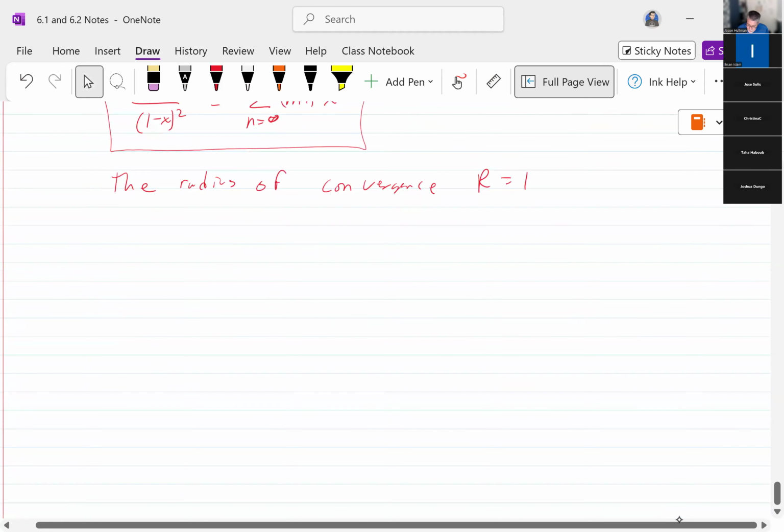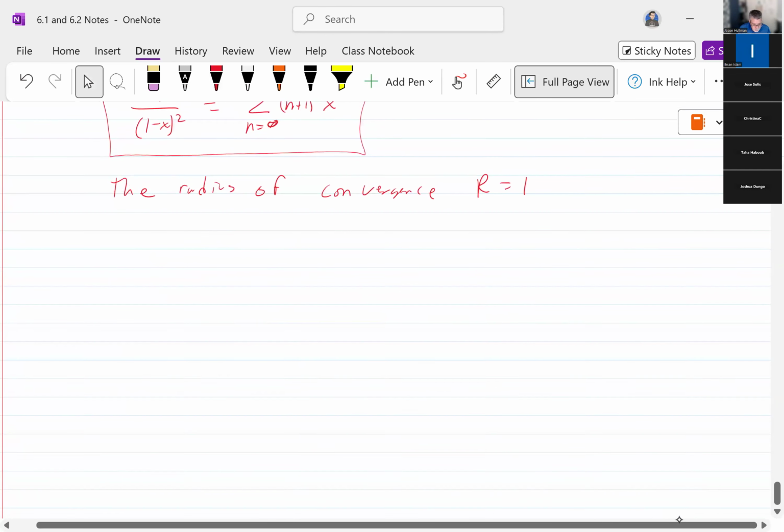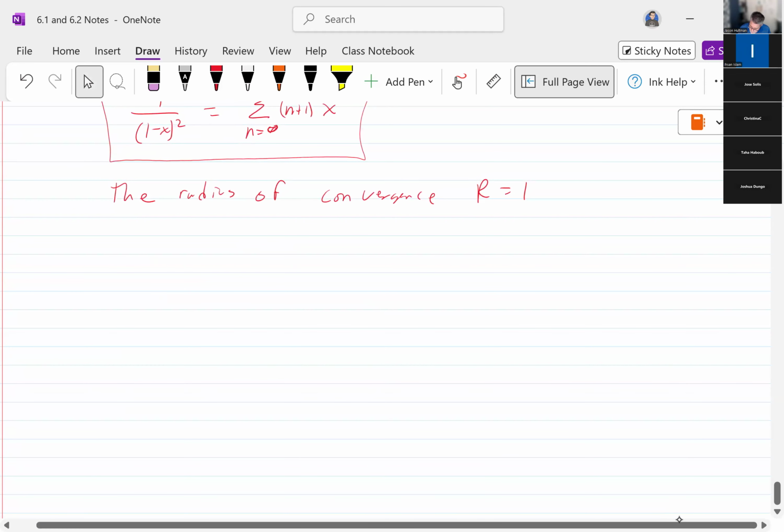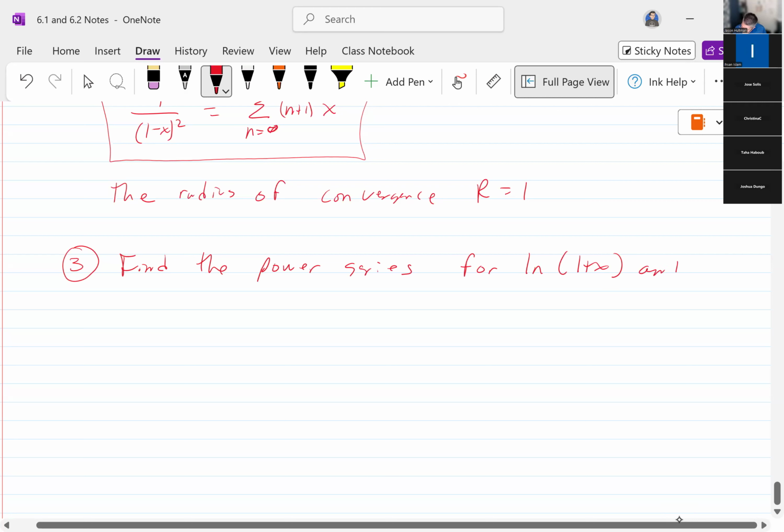Okay, let's do another example here. Number 3. Find the power series for the natural log of 1 plus x and its radius of convergence.